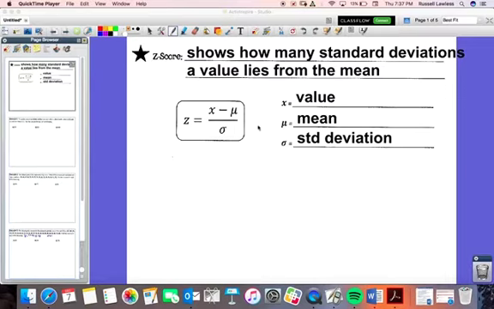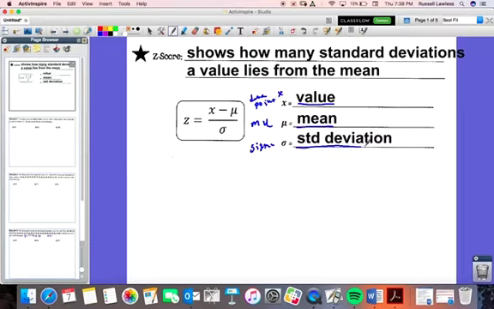Just to let you know, I'm calling this a mu, I'm calling x a data point, or a value, or a test statistic, and I'll be calling this a sigma. Those are not what they are, it's just what the symbol is called. In reality this is just an x, but for the sake of this part of the video, I'll be trying to just use the words value, mean, and standard deviation.